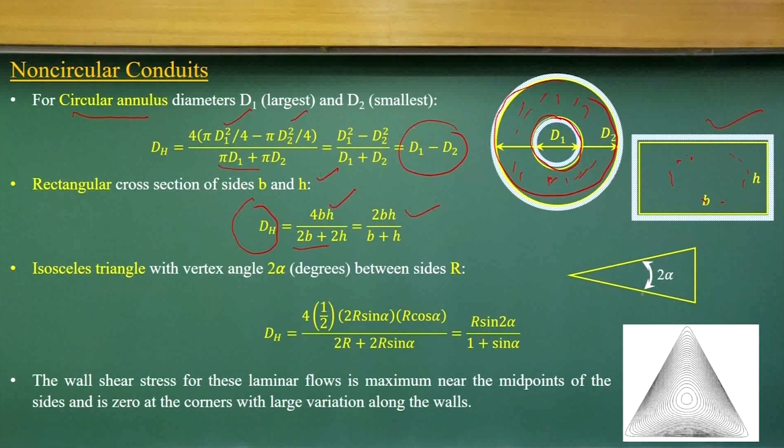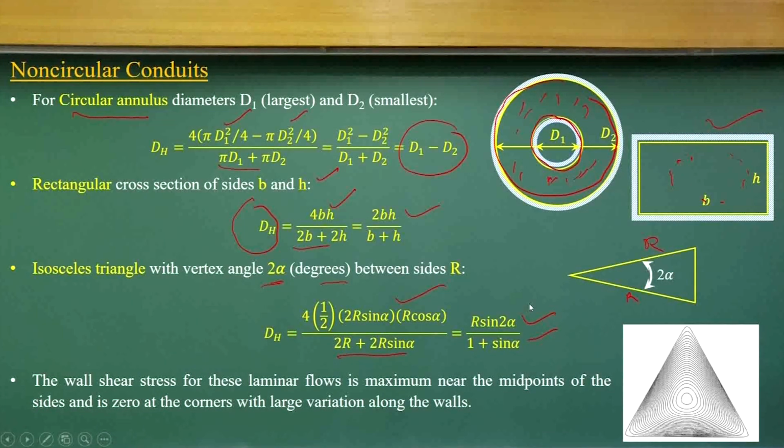If you have an isosceles triangle with 2 alpha degrees between radius r, I can also put numerically what could be the area and the perimeter, and I can get it for these ones.